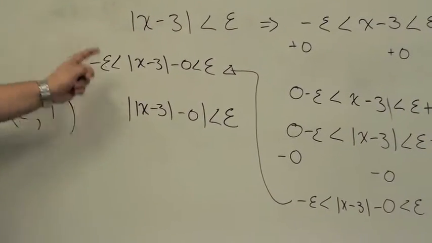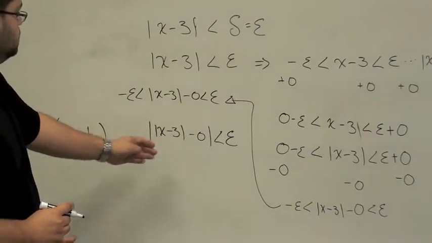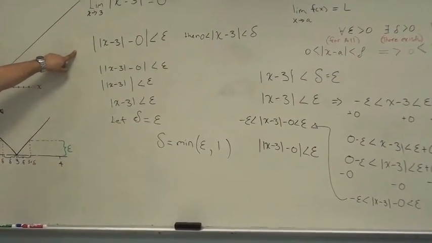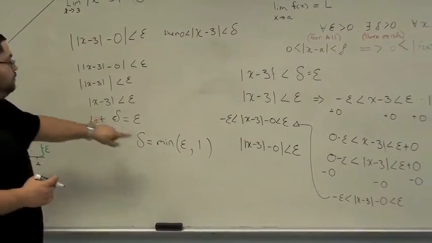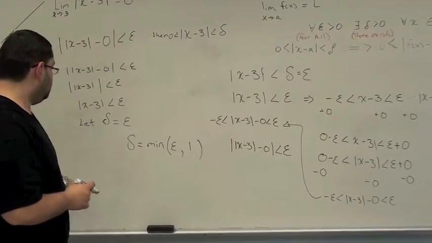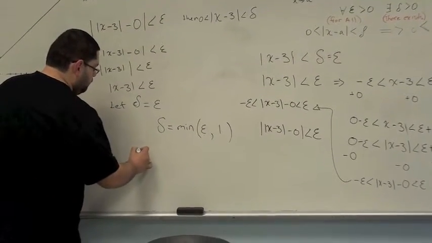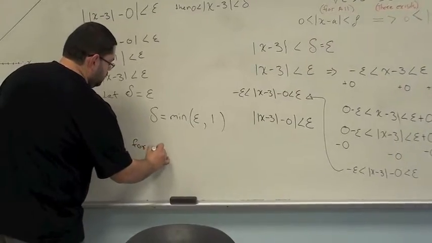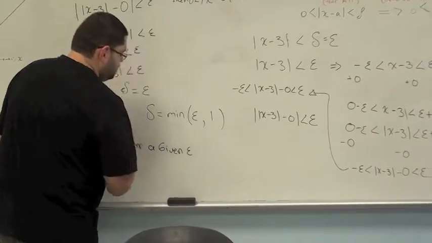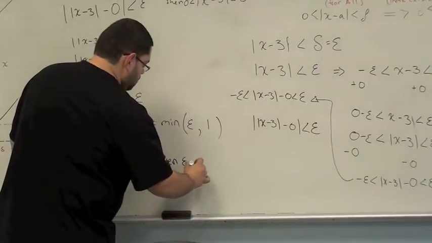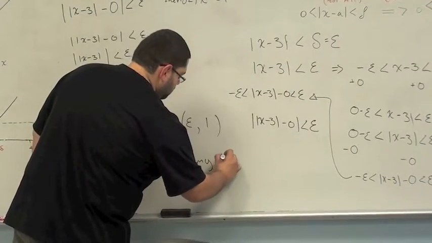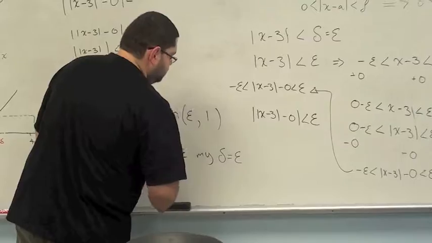So now, working through all these steps, we come back to our original assumption, and we just proved that this assumption is true. So I can say that for a given epsilon, my delta will be equal to that epsilon.